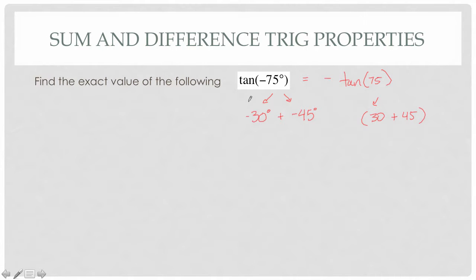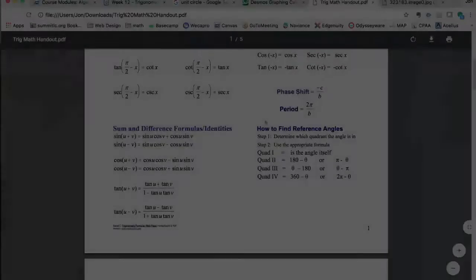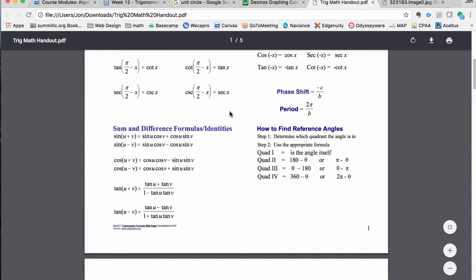All right, so I have to go to all my different formula sheets. Here I am at the math handout. I need to find the tangent of the sum of two angles. So here's the formula for tangent. I'm going to jot that down real quick here.